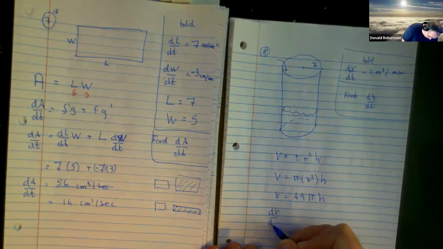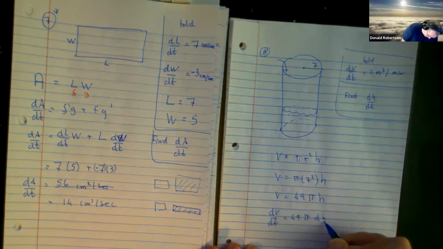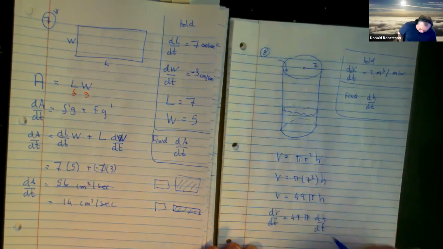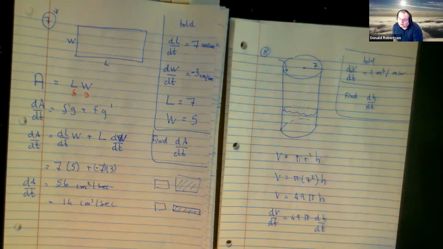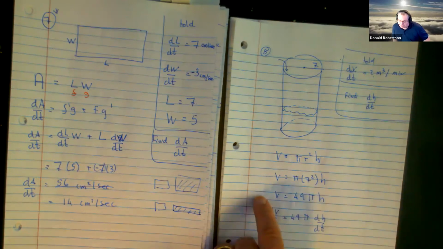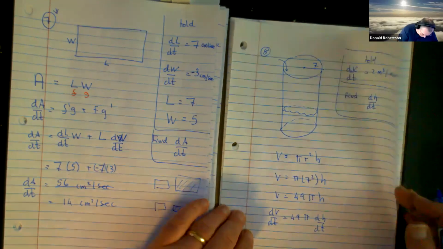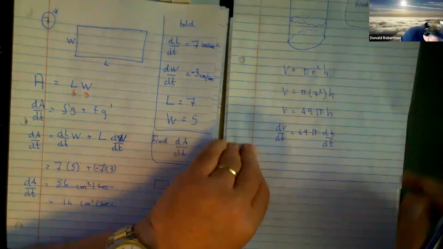And in a lot of ways, this question is very easy to do. Would you agree? Differentiate that, you get this guy, multiple of this one, multiple of that guy. And now we'll put in what we know and see what we're being asked to find.